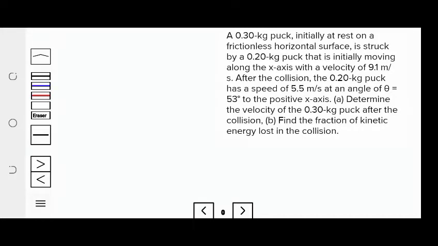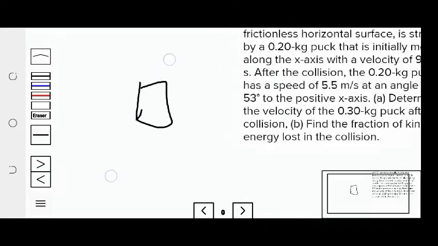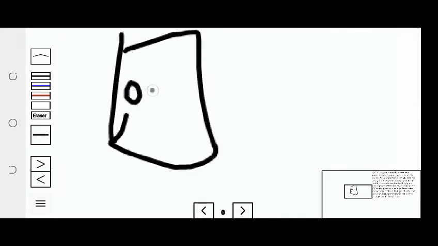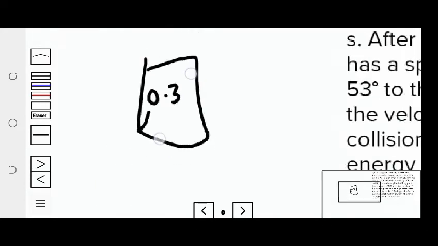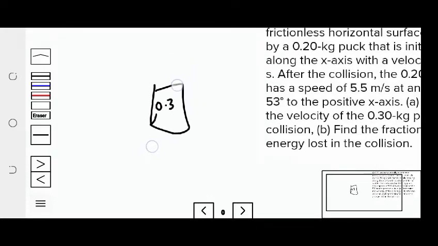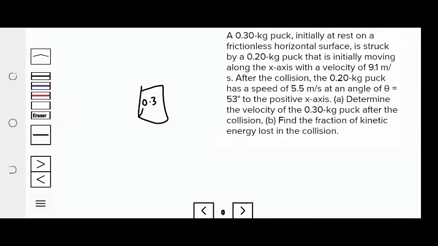Okay, so when having such kind of an equation, the first thing that should come into your mind is to try and sketch the real thing happening here. So we're having this, it is 0.3 kg, back here, and then we are having one which is coming.